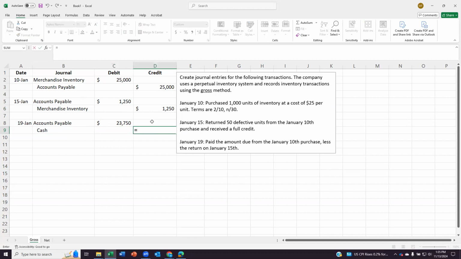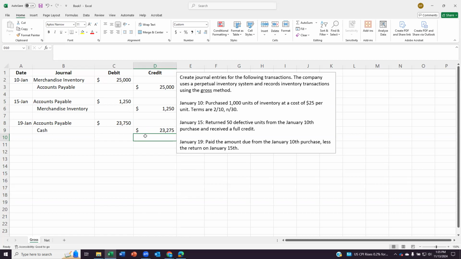So I'm just going to do the amount of the accounts payable times 98%. If it was more comfortable for me, I could also do 2% times the amount I owe and then subtract that from the amount I owe. So I'm going to pay 23,275 in cash.